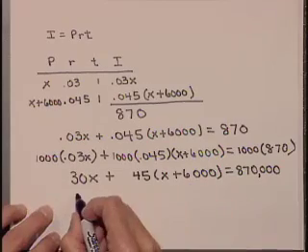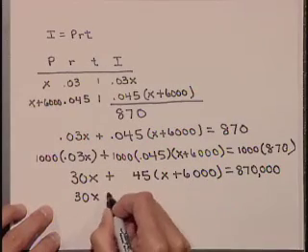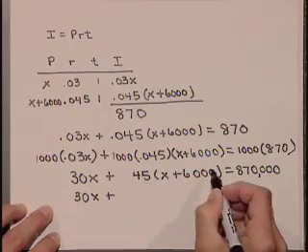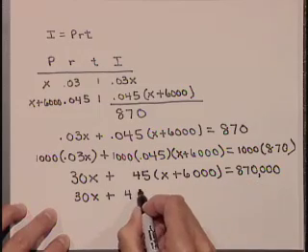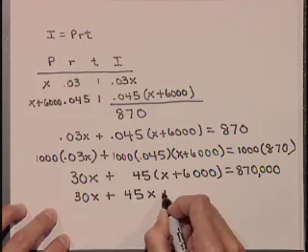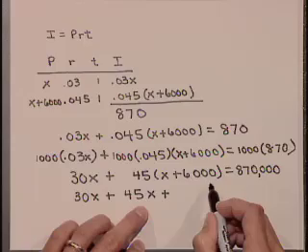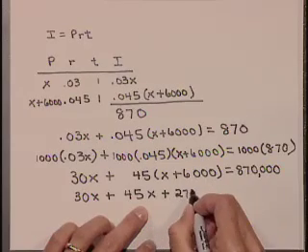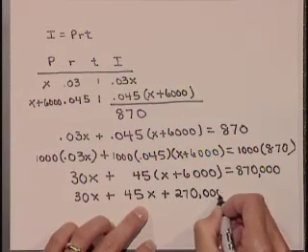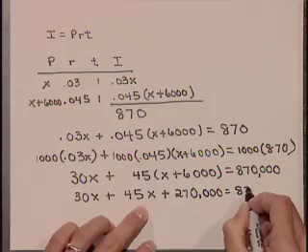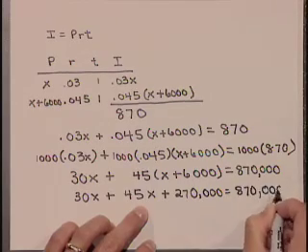Let's continue to solve. 30x plus, distributing that 45 through, that becomes 45x plus 45 times 6,000 is 270,000. 870,000 is still over here on the right-hand side.